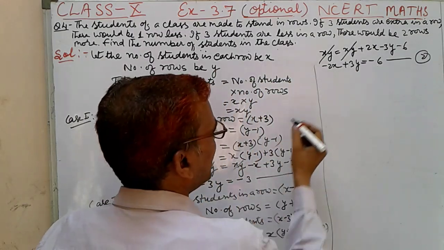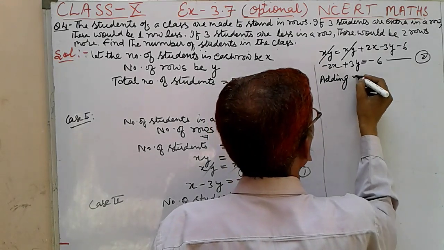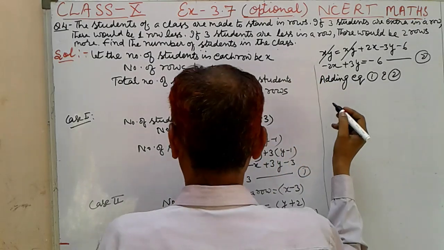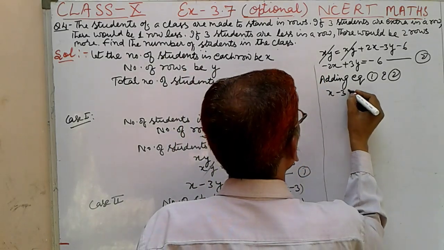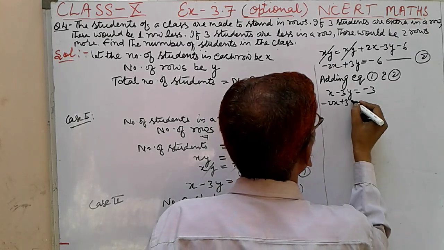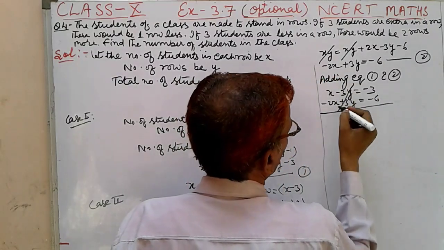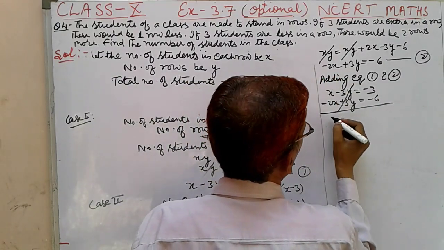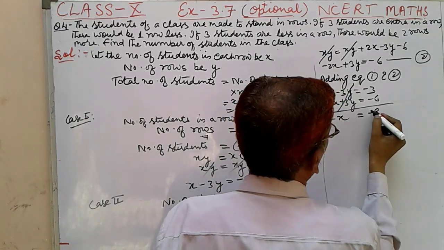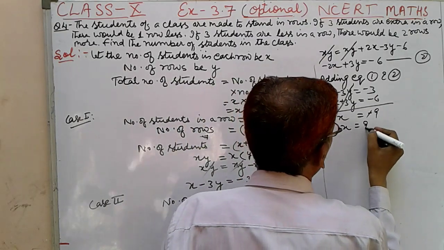Adding equation number 1 and 2: x minus 3y is equal to minus 3 and minus 2x plus 3y is equal to minus 6. On adding, 3y will be cancelled. X minus 2x will be minus x, minus 3 minus 6 is equal to minus 9. Cancel minus from both sides, and x is equal to 9.